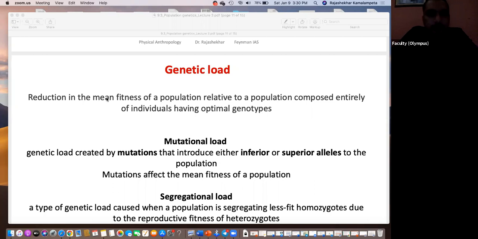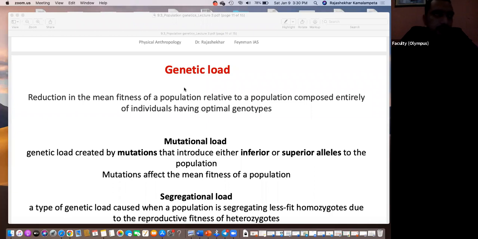I hope you are following this. You will understand it with the examples and types I'm talking about here. It can be considered a reduction in the average fitness of a population. Because of a change in the DNA, if the fitness of that population has decreased, such a change is called genetic load, or genetic burden.